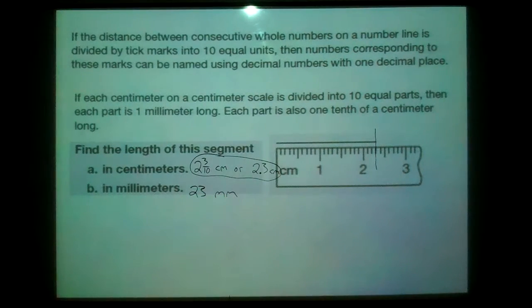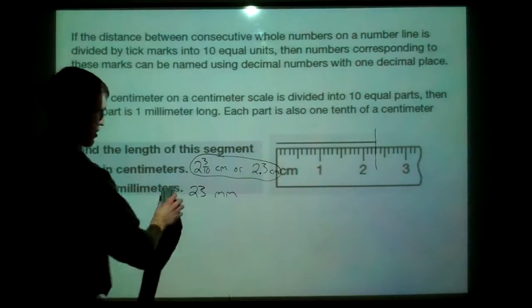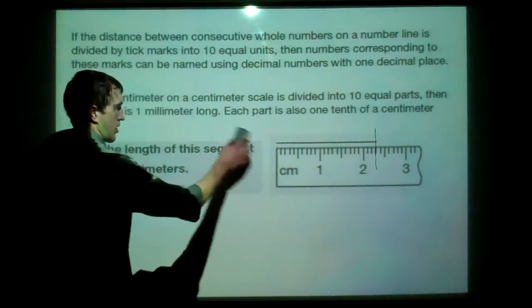There we go. This tells us that a millimeter is a tenth of a centimeter. You can see we just moved our decimal place over once to get down to millimeters, or we multiplied this number by 10 to get 23. That's where those conversions come in handy, which we worked on a couple days ago.